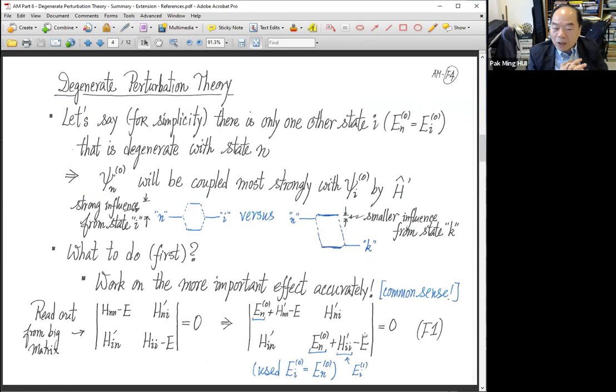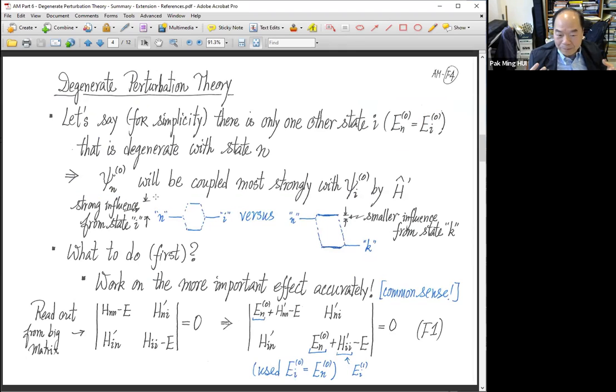So let's get back to quantum mechanics. It means the following. In the unperturbed state, n and i, let's say they have the same eigenvalues. In the 2x2 matrix problem, it means they don't affect each other slightly.